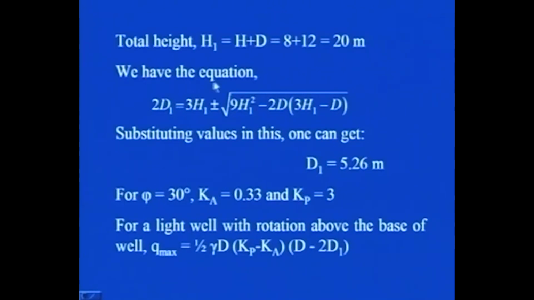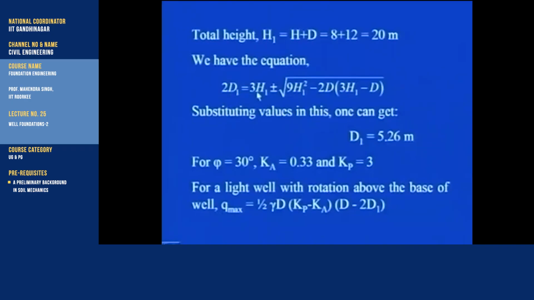Then you have the equation, because in calculating Q max, I told you that d1 is the only unknown. So first we need to evaluate this d1. We have this expression: 2 d1 is equal to 3 h1 plus or minus square root of 9 h1 square minus 2D into (3 h1 minus D).